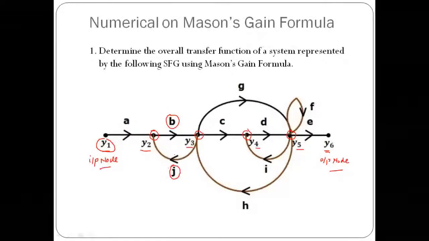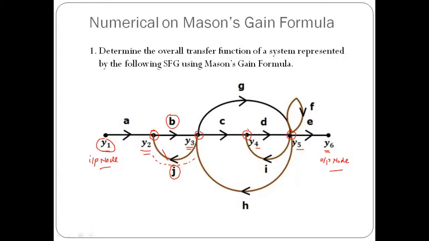But while traveling from input to output, we need to take only those branches in which the signals are by default moving from input to output. If you take the second branch from y2 to y3, we are not supposed to do that. Why? Because the signal is moving in the opposite direction.